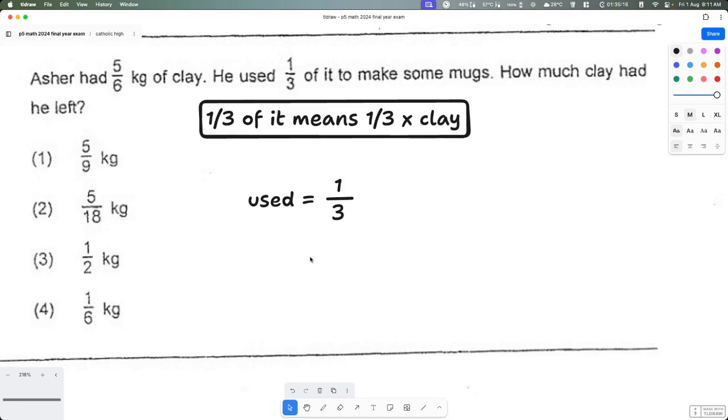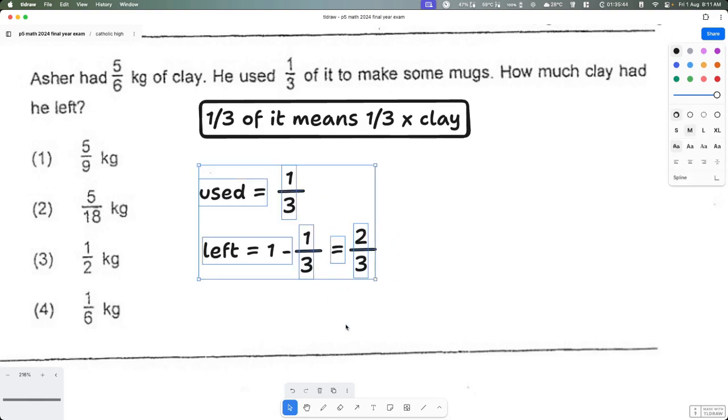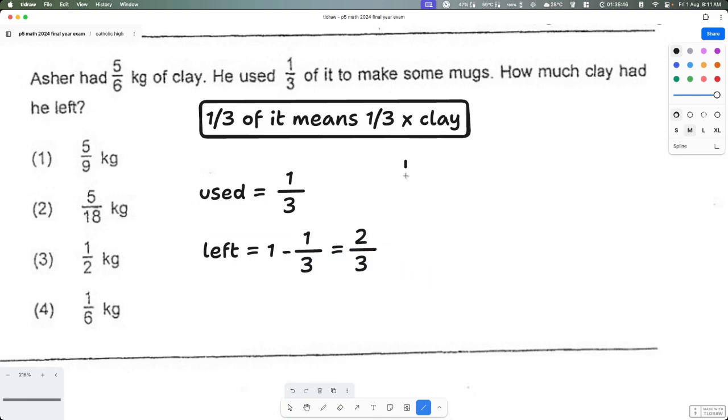So he used one third, which means what he's left with is 1 minus one third. 1 minus one third is equal to 2/3. So now we know what is left, which means we can just multiply.